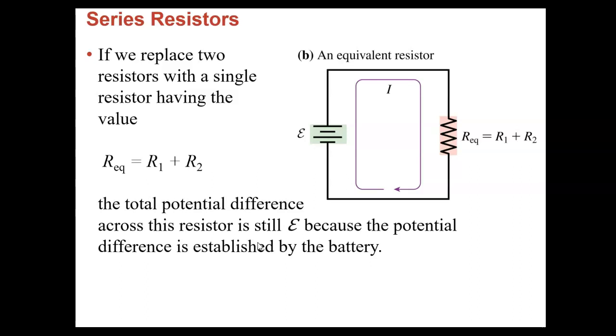If we replace the two resistors with a single resistor, we have what's called the equivalent resistance. When they're in series, the resistances just add up. That gives what the resistance would be in one resistor if we combined the two into one. So for series, to get the equivalent resistance, you just add them together.